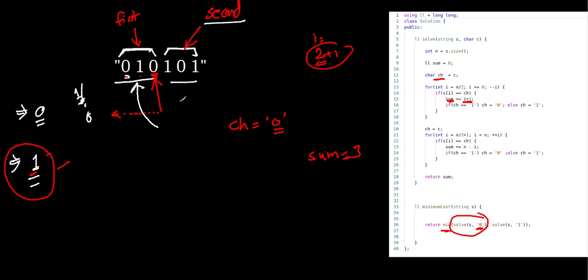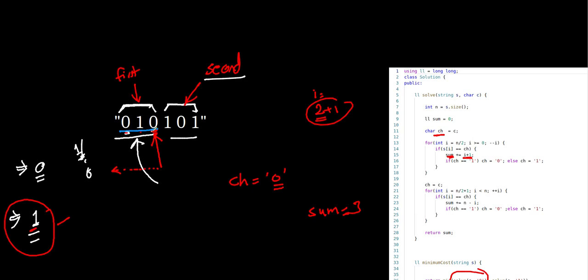And because after we use the first operation we flip this part, this part becomes 1, 0, 1, and the cost now is 3. Now instead of looking for 0, we want to look for 1. Why are we doing this?